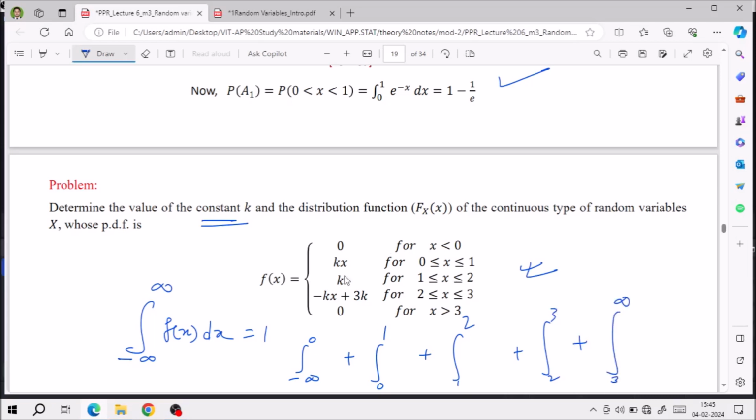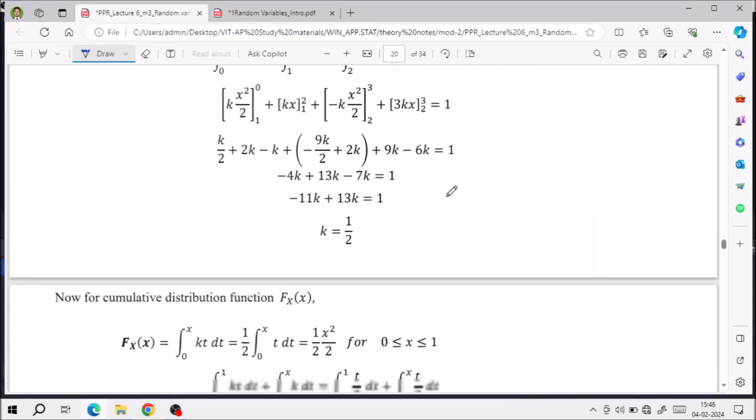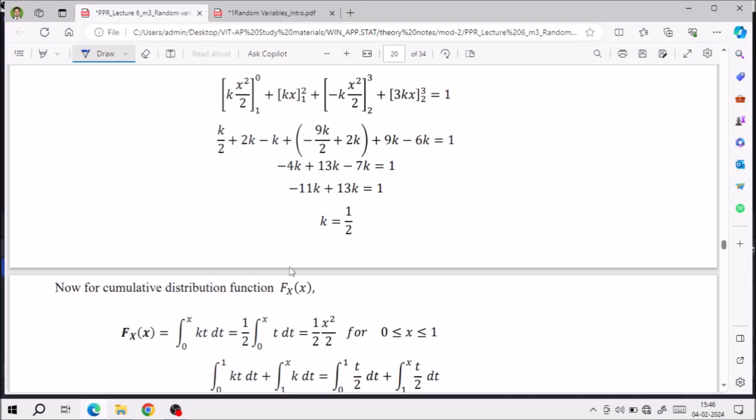And for the respective function values, here it is 0 dx, here it is kx dx, here it is k dx, here minus kx plus 3k, and here 0, equals 1. Do all the integration part by part and add them. Finally you will have one equation, and from that you will get the value of k.